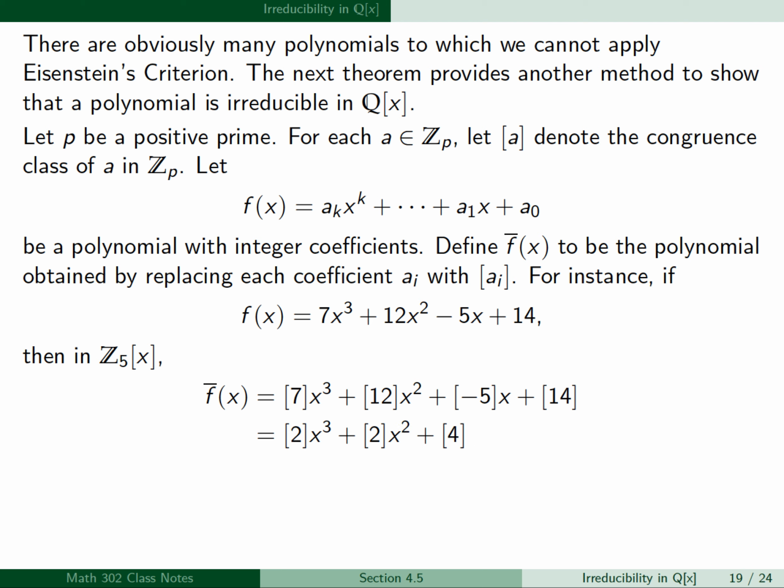And since we're in Z sub 5, the congruence class of 7 equals the congruence class of 2, the congruence class of 12 equals the congruence class of 2, the congruence class of minus 5 is the congruence class of 0, and the congruence class of 14 is the congruence class of 4. So we obtain class of 2x cubed plus the class of 2x squared plus the class of 4.